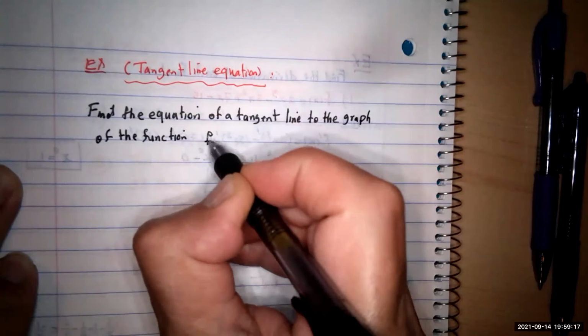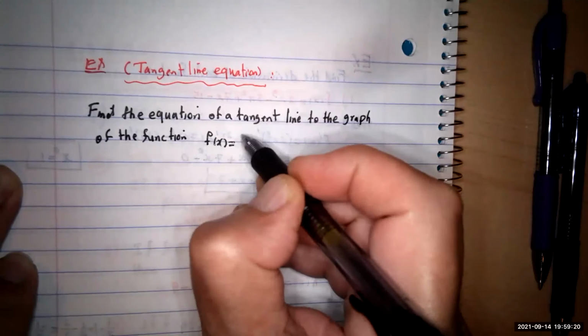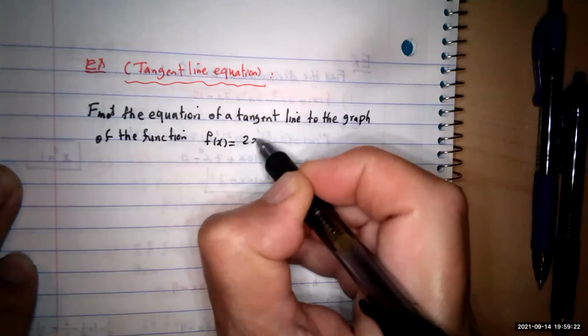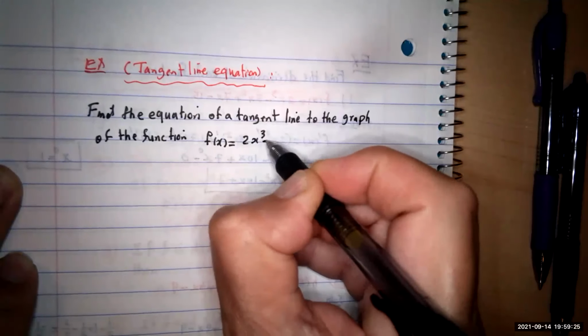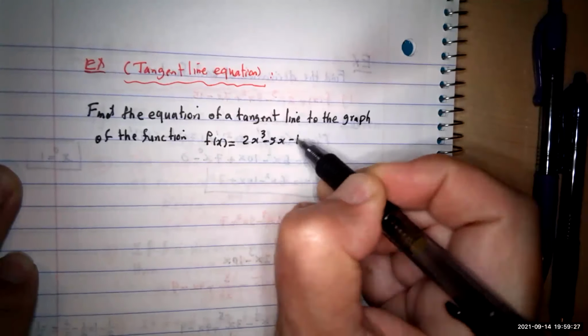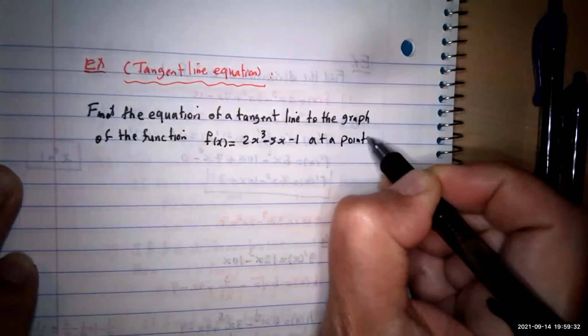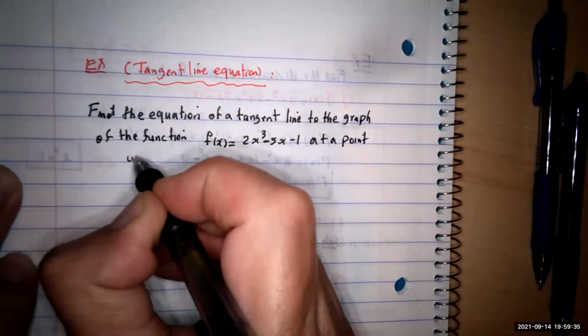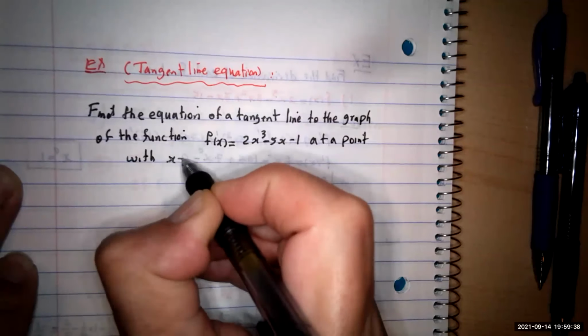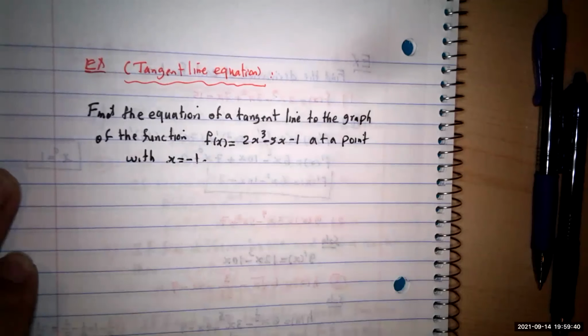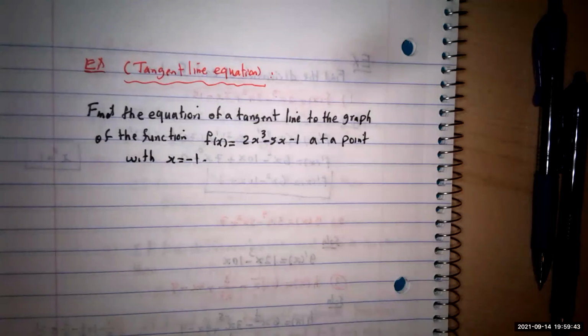The function is f of x equal to 2x cubed minus 5x minus 1, at a point with x equal to -1. That's a tangent line problem. See, previously we did it, but in order to find the slope, we used the limit formula. But no more, you don't have to. We get this number right away.